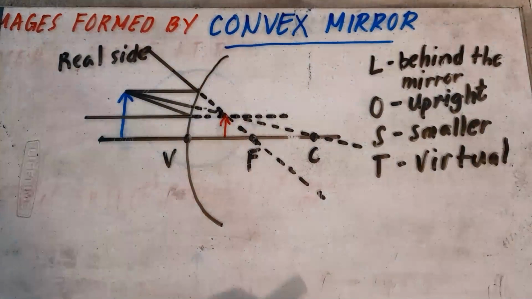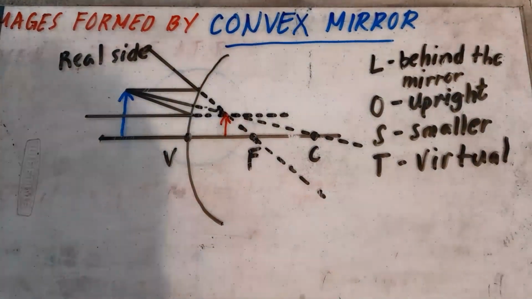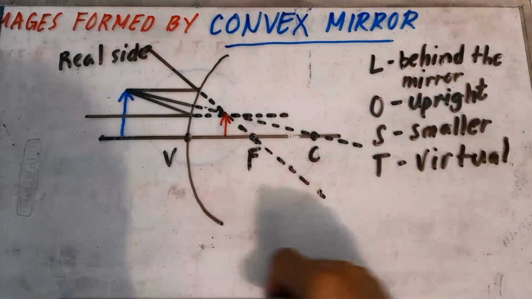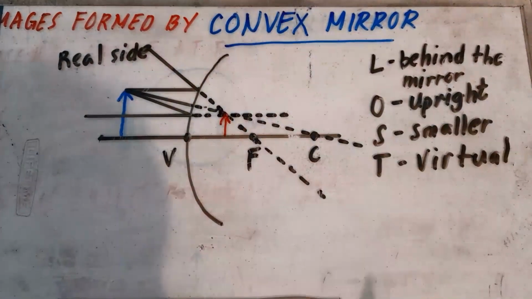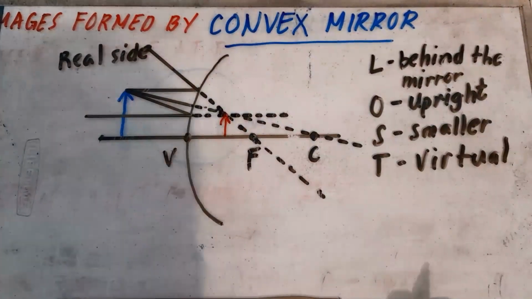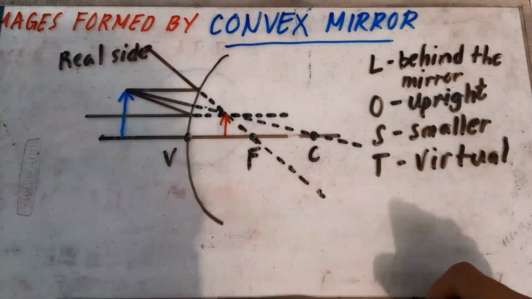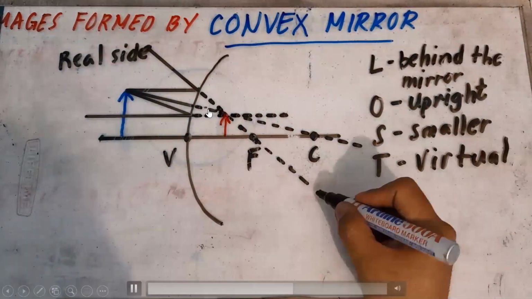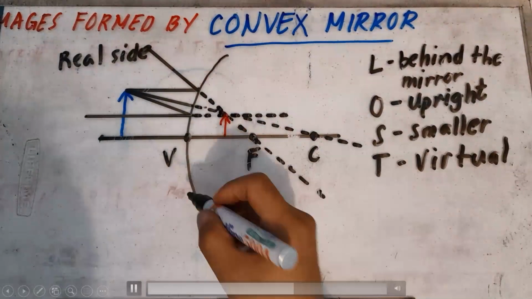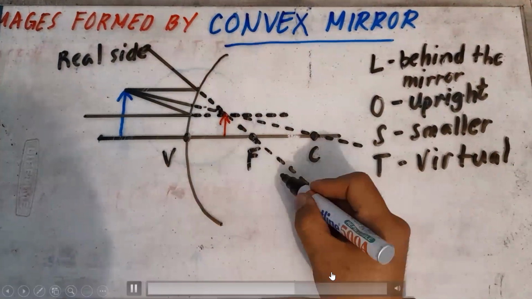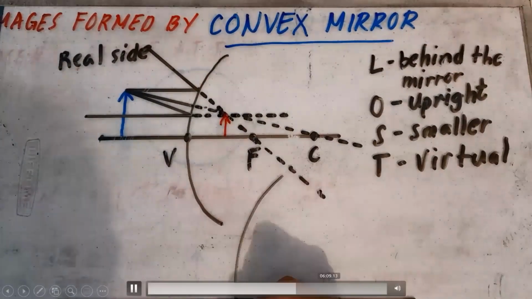Okay, let's have another example. This time, let's make our principal axis a little bit longer. Okay, let us draw our mirror here.